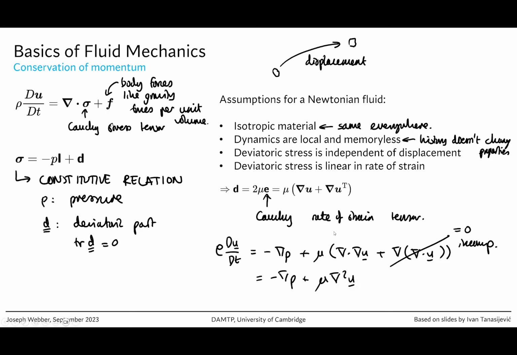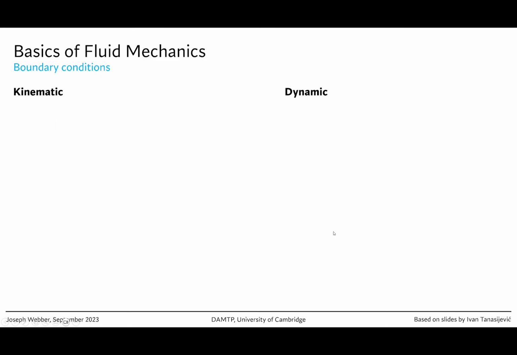Lovely. Okay, that needs to be solved with boundary conditions, and boundary conditions can be grouped into two main categories. Kinematic boundary conditions come from matching fluid velocities with what they're next to, be that solid boundaries or flexible boundaries or other fluids.